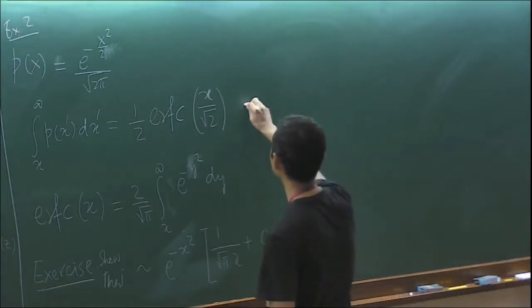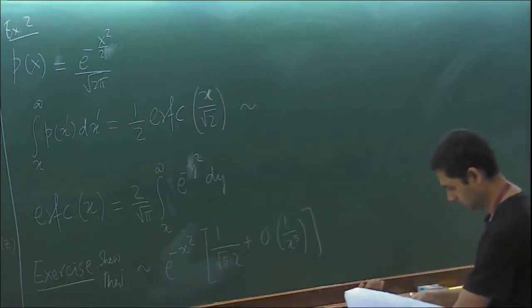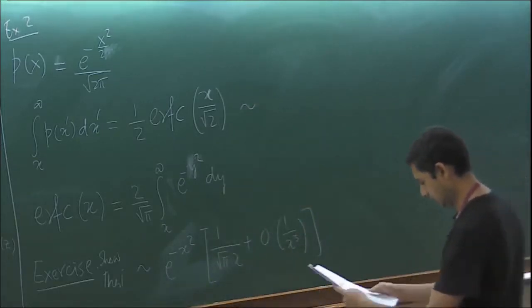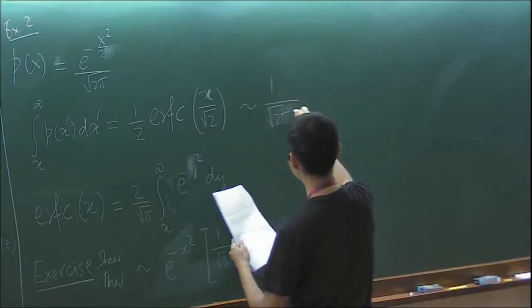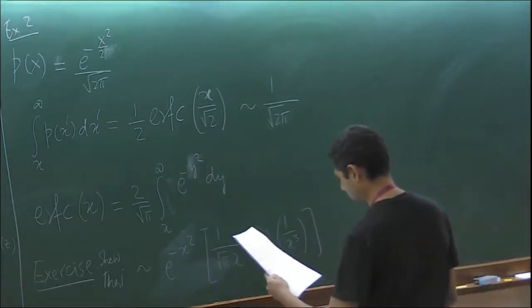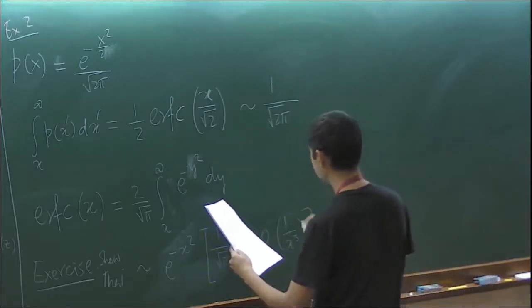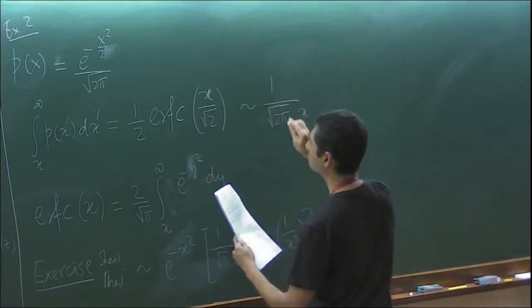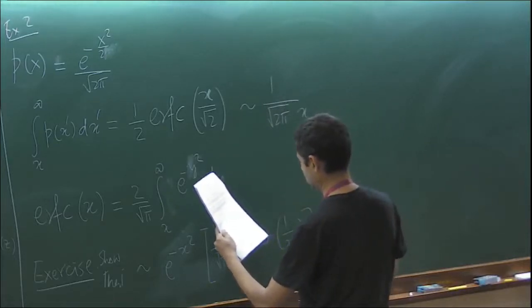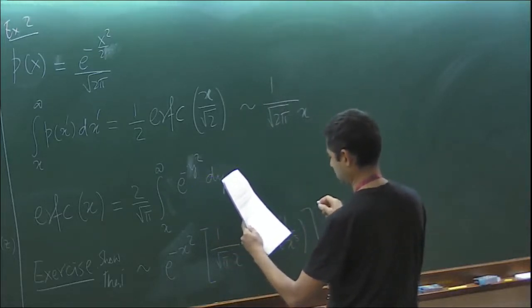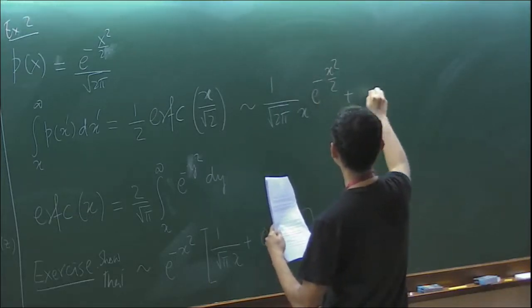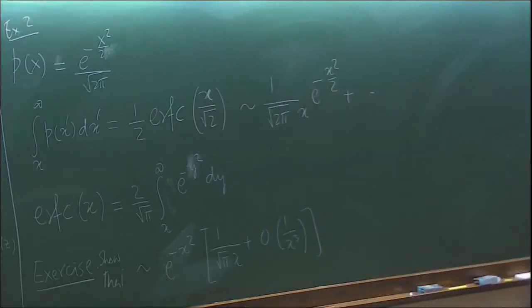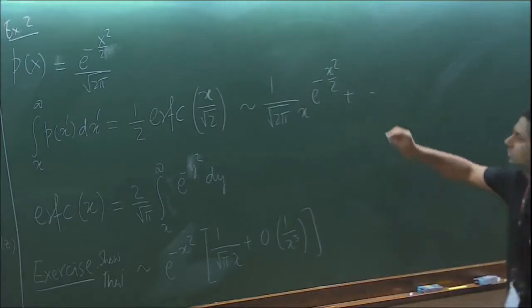So this one therefore goes like 1 by square root of 2 pi x, e to the power minus x squared by 2, plus higher order terms. Right, so this is how it goes.